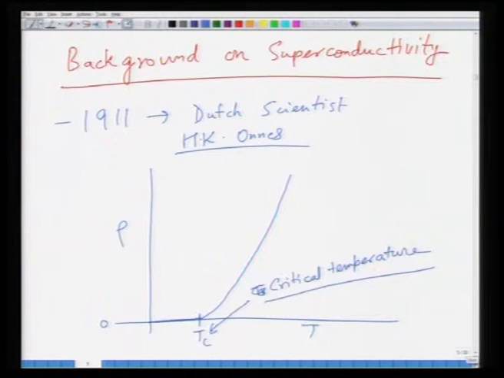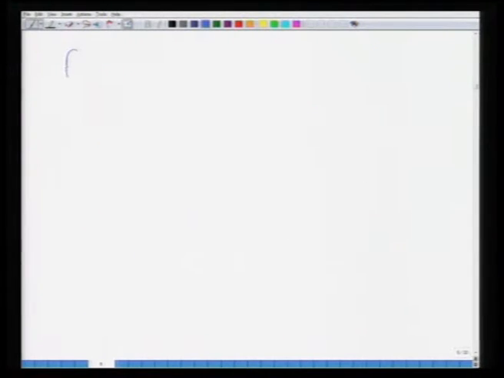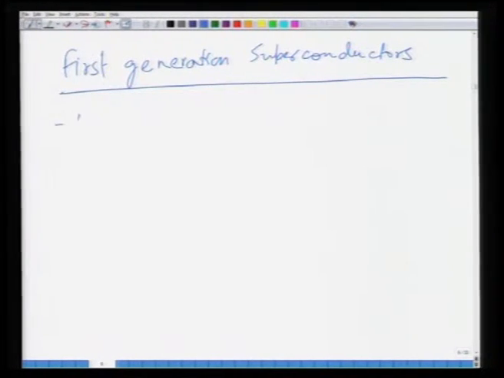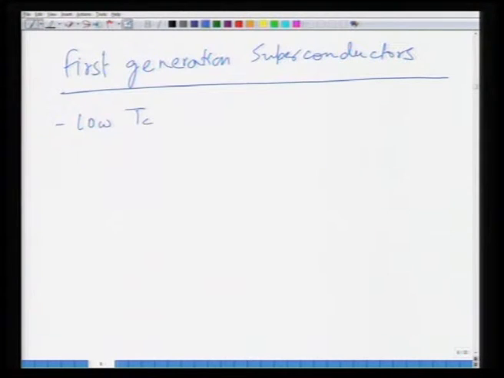And these first generation superconductors were essentially metals or metallic alloys, and they are called low temperature or low TC superconductors.